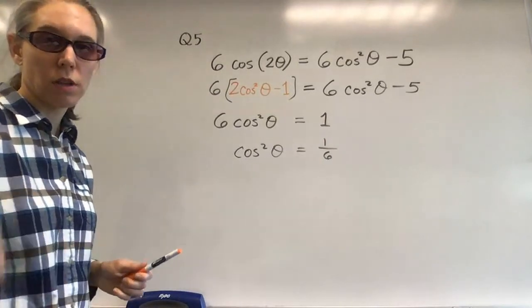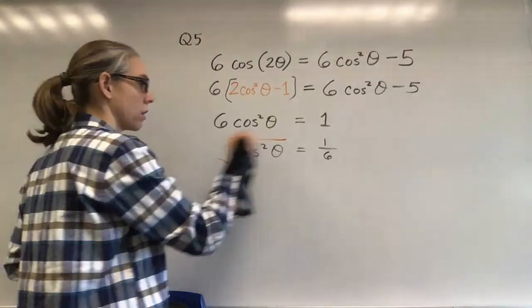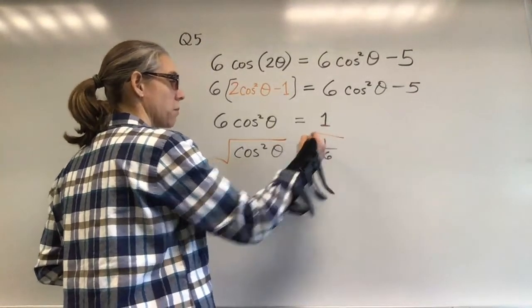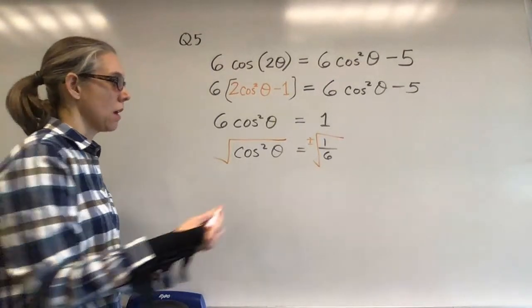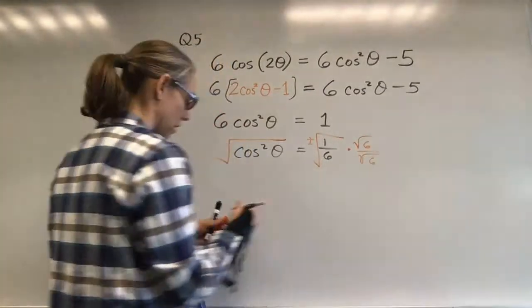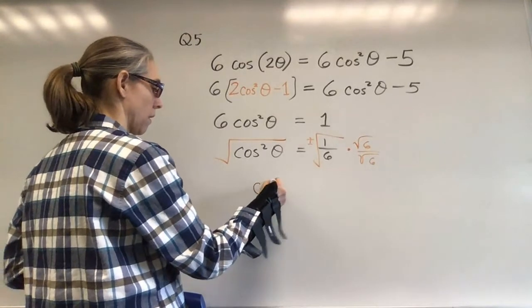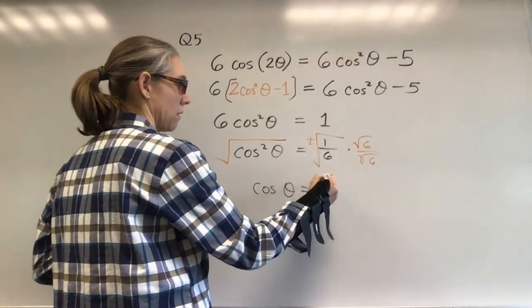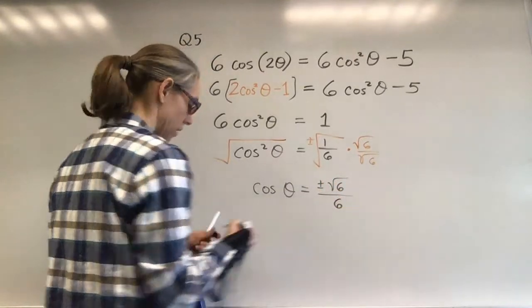Okay, so far so good. Now we're going to take the square root of both sides. Remember that when you take the square root of both sides, you need to add that plus or minus. That would be the square root property. And then we're going to multiply by root 6 over root 6 to rationalize this denominator. So we have that the cosine of theta is equal to plus or minus root 6 over 6.